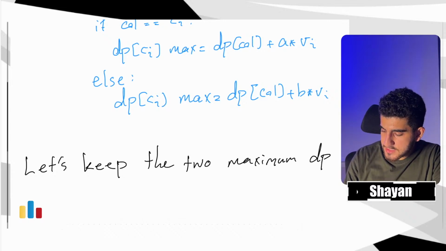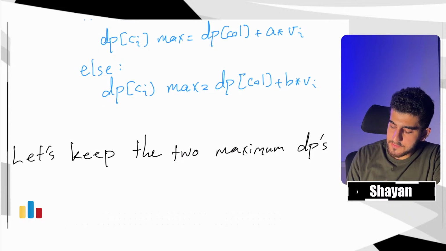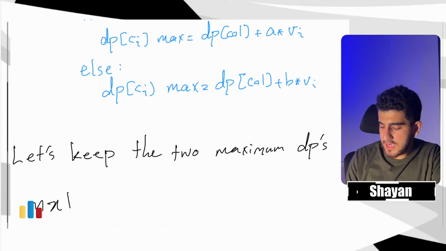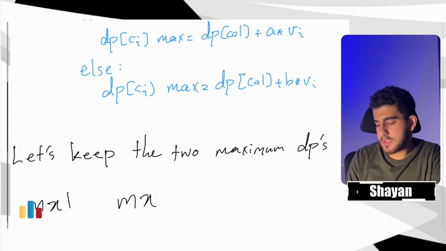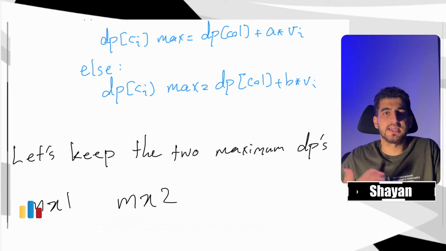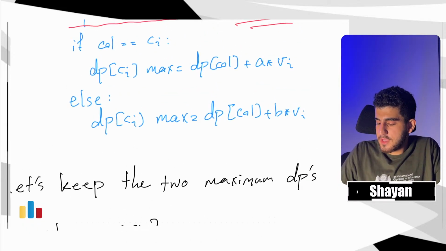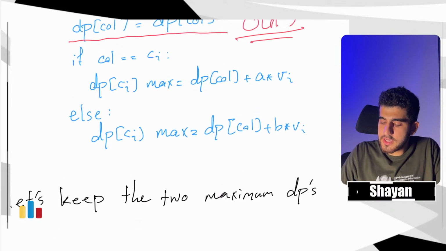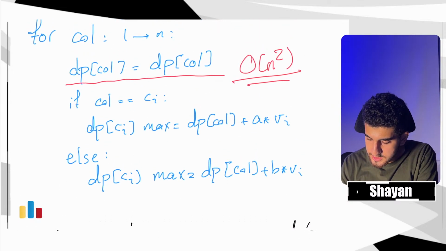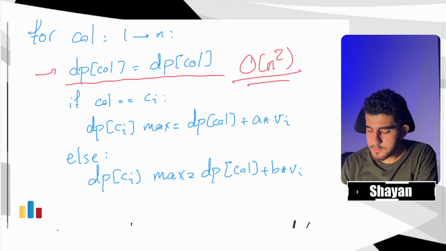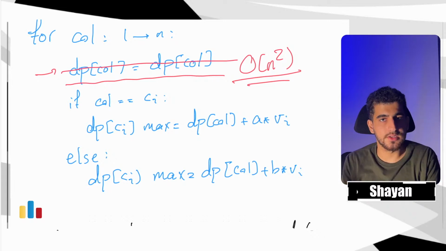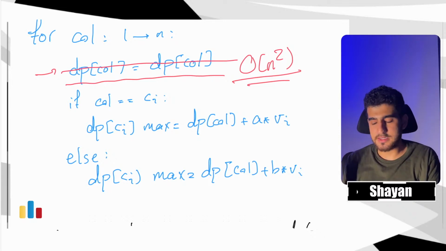So what I mean is to keep some mx1, which is your maximum DP, and some mx2, which is your second maximum DP, the second best one. There are two cases. This part has no effect on DPs, so I can remove it altogether.